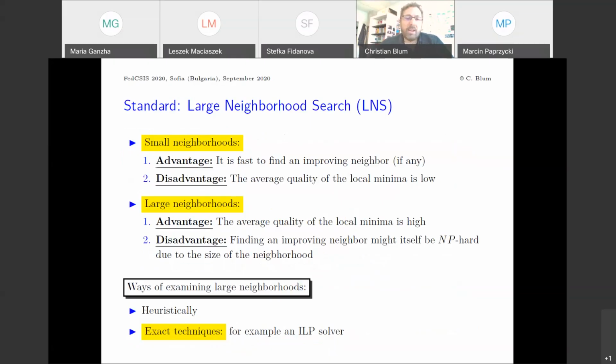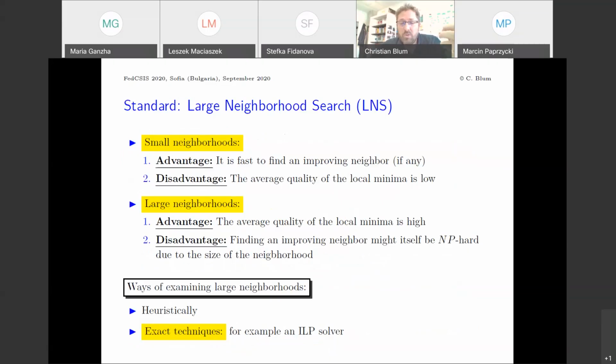So if you think about algorithms in which you want to apply exact techniques to sub-instances, I would say the standard hybrid algorithm nowadays is large neighborhood search. Just to explain what it is, it's a neighborhood search method.